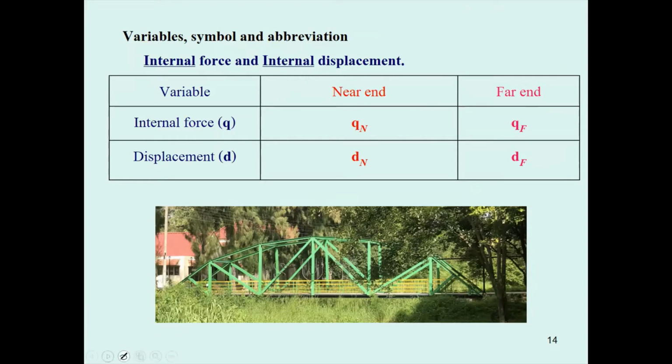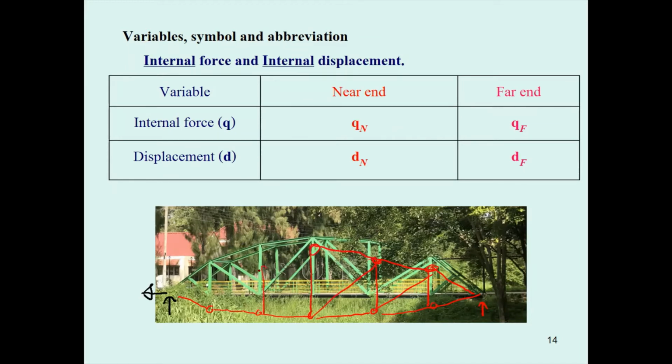Now, after you determine the reaction that occurs on this structure, and you also know the deformation of the structure, you can draw the elastic curve of this truss. You have to use the ruler.